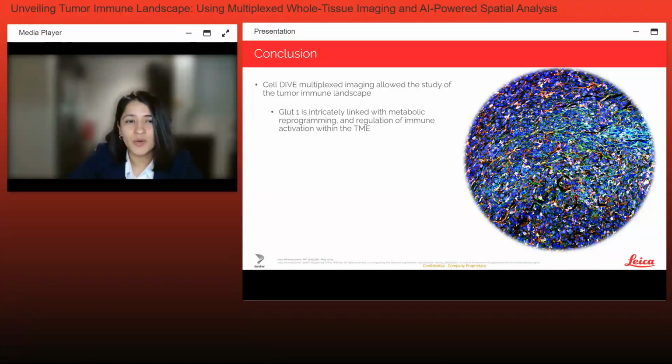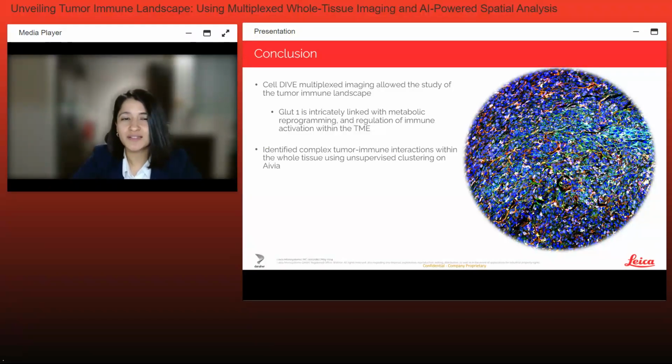And we know that GLUT1 is intricately related with the metabolic reprogramming and the regulation of the immune activation within the TME. Also, using clustering analysis powered by AVIA, we demonstrated this differential enrichment of immunosuppressive cell types within the tumor tissues that we looked at.